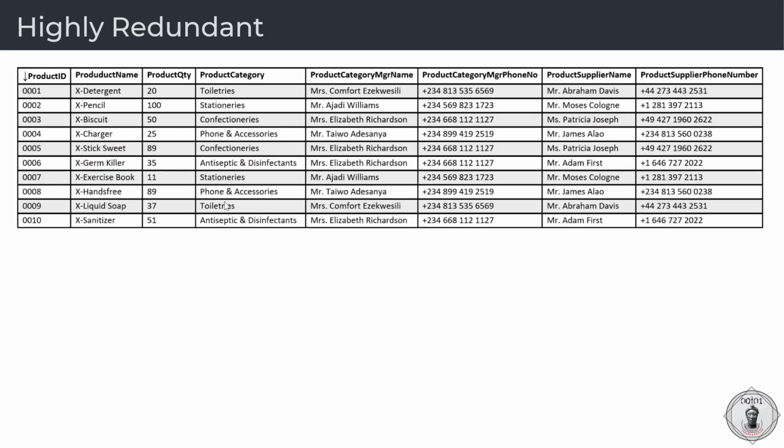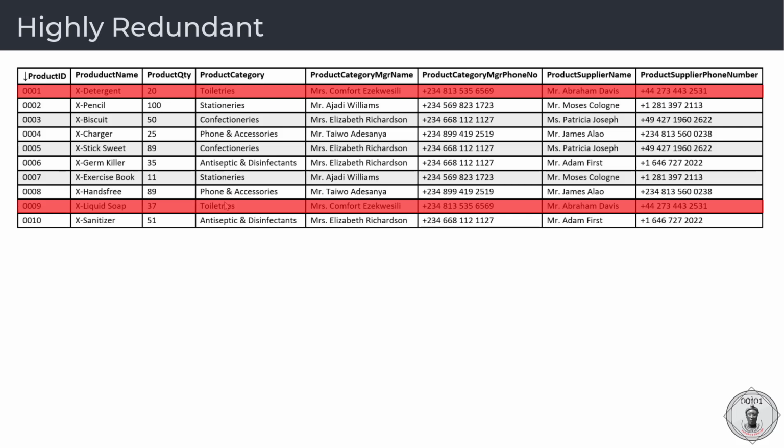Let's consider another example. Let's say for instance I need to delete, for one reason or the other, products ID 0001 and 0009. If you notice, these two items I picked have the same supplier, Mr. Abraham Davis. If I delete these records, unknowingly to me I'm also deleting the records of the supplier, Mr. Abraham Davis.